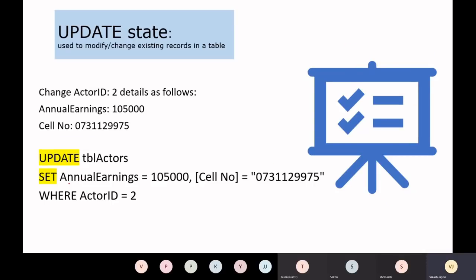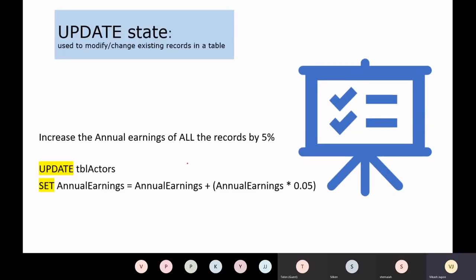I'm changing 2 fields, the annual earnings, and I'm changing the cell number for that same actor ID. So you can change multiple fields as well. And in this example, there's no where. So I've just got an update and a set. Now this means that every record is going to be updated.